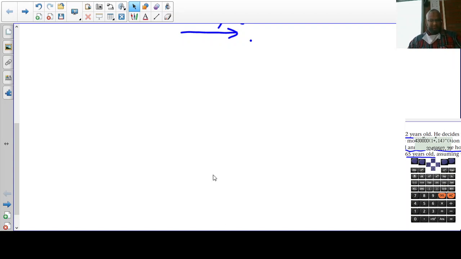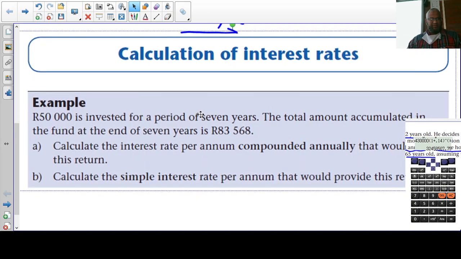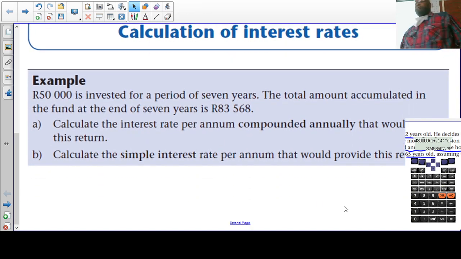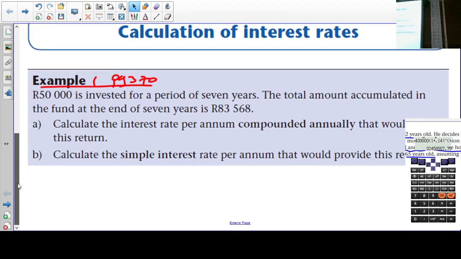Okay. Example on page 370. You guys ready? Right.